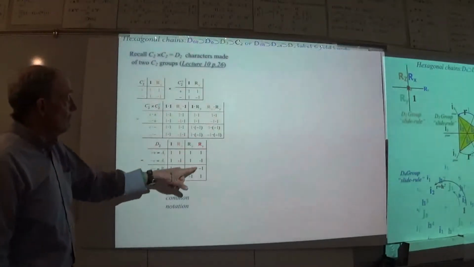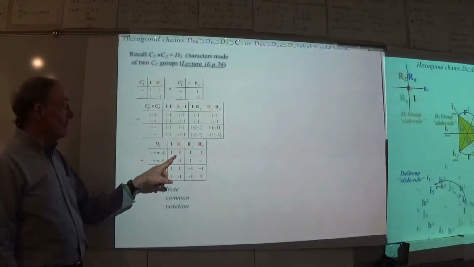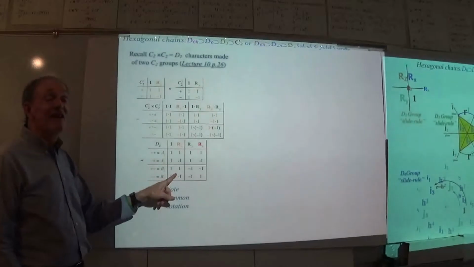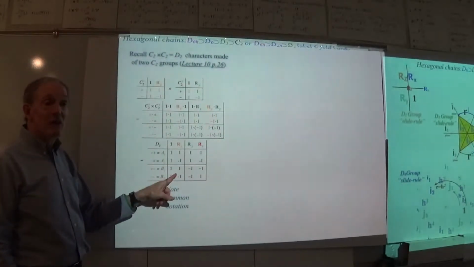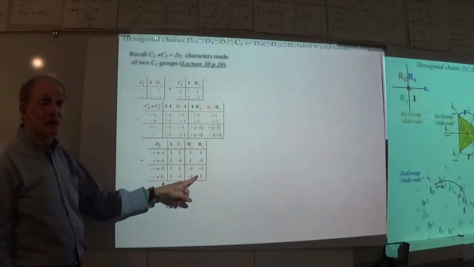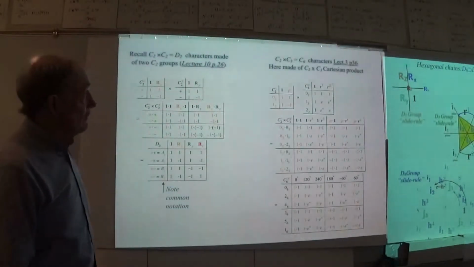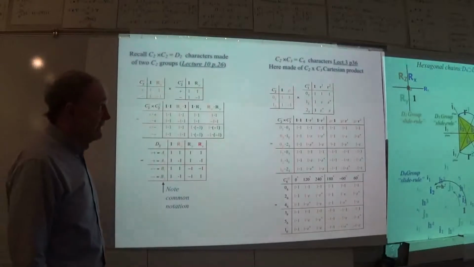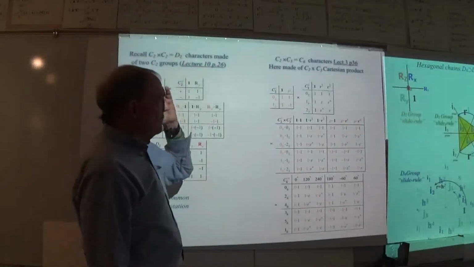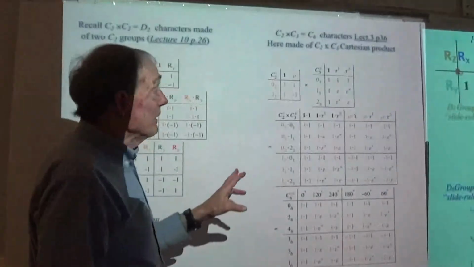So there's our old friend D2 with a character table of C2 repeated 3 times with a positive and then once with a negative. We're going to do the same thing with these two guys, C2 cross C3, and you can link these up if you want to see what else we have to say about these.